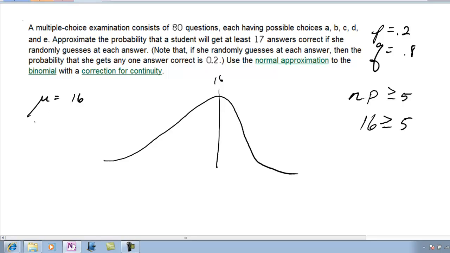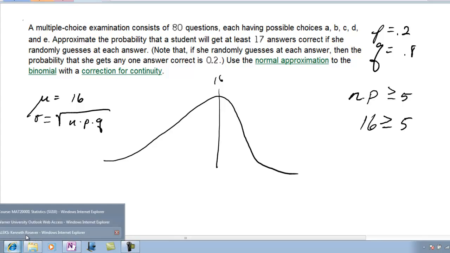We need to figure out the standard deviation. The standard deviation is the square root of n times p times q, and we'll do that on the ALEKS calculator. It's going to be 80 times 0.2 times 0.8 square rooted. Actually, you could almost do that in your head, couldn't you? Except I don't know what the square root of 80 is, so that won't work. Okay, let's go there then.